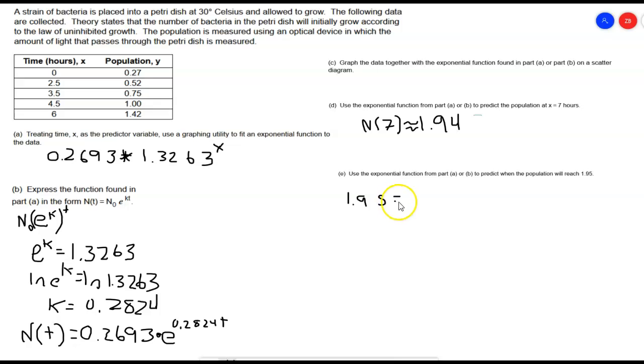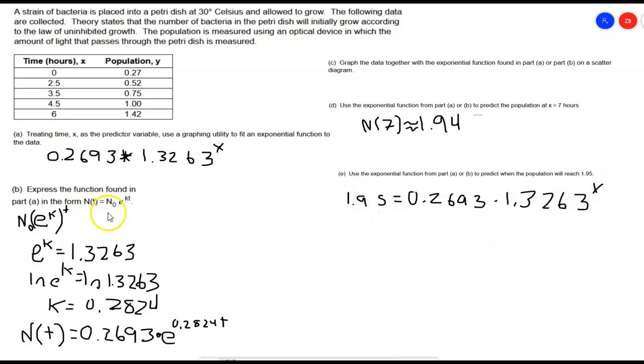That's going to be equal to, and we can use this one over here, 0.2693 times 1.3263 raised to the x. So now we're solving for the x here. We're going to see how many hours it's going to take until we get a population of 1.95.